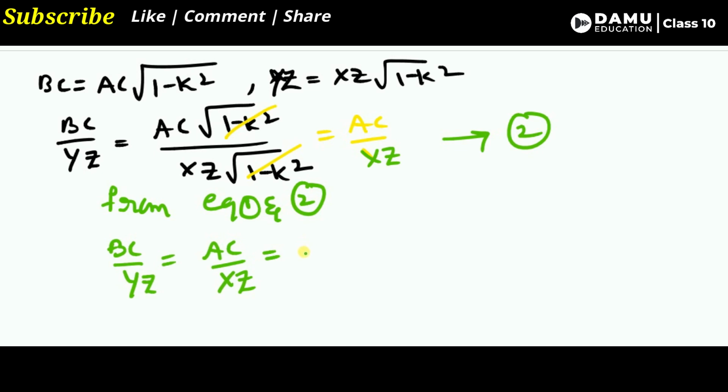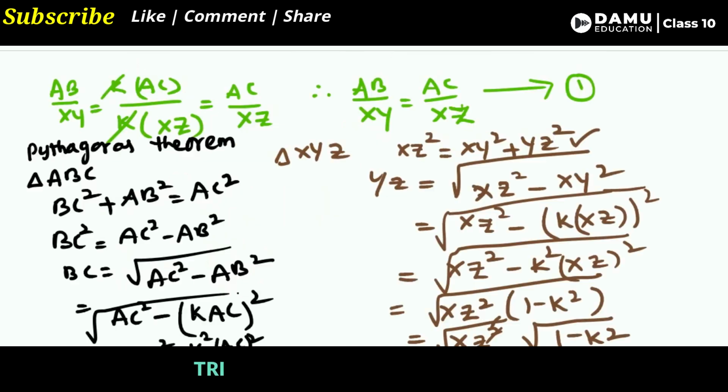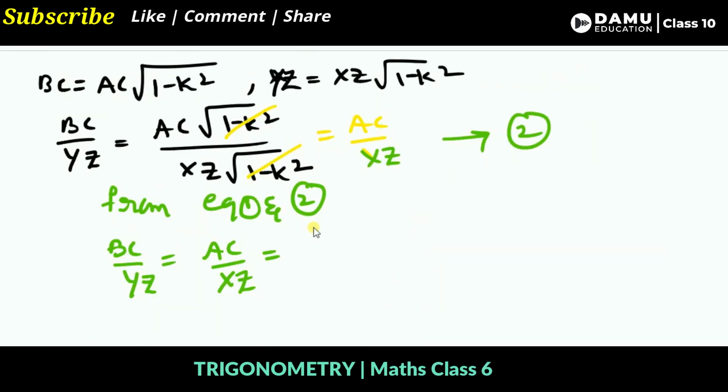So AC by XZ is equal to AB by XY. Therefore, from all these triangles, the ratios are equal.